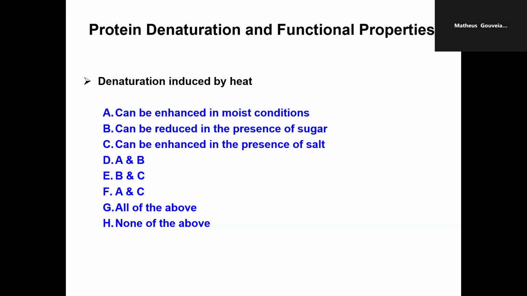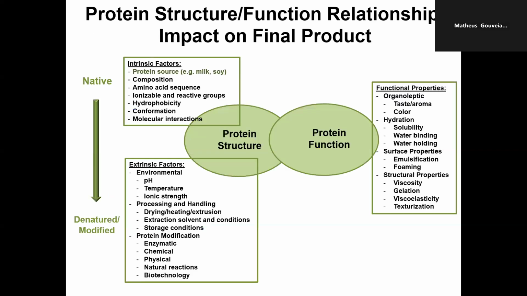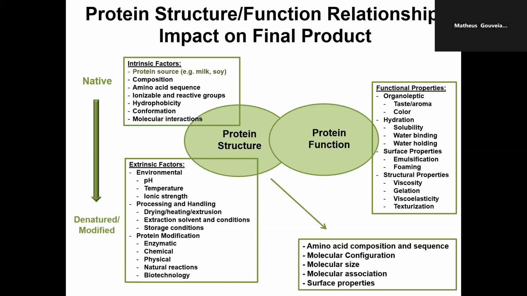Okay, so this is our map again. We talked about intrinsic factors. Those intrinsic factors impact amino acid composition and sequence, molecular configuration, molecular size, association, and surface properties. This is the structure.